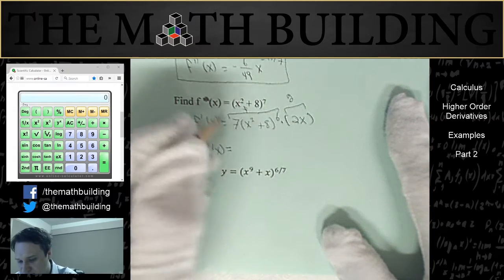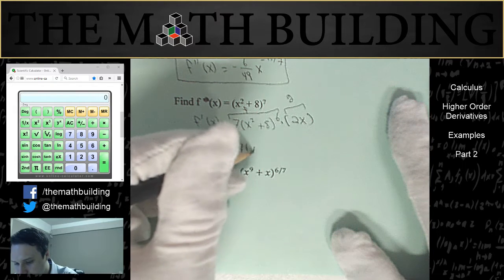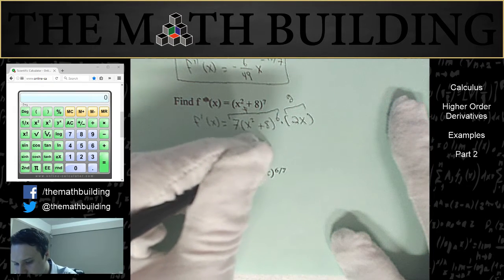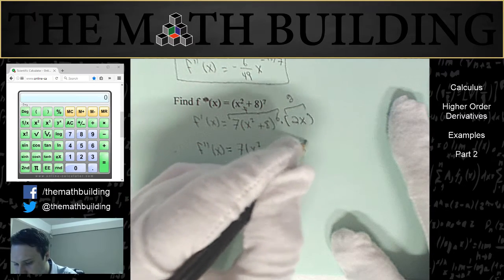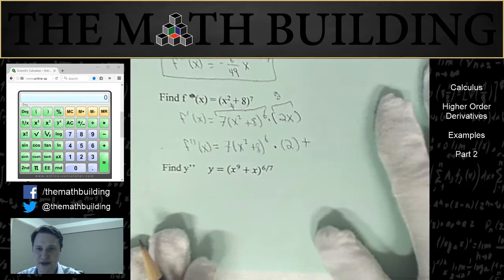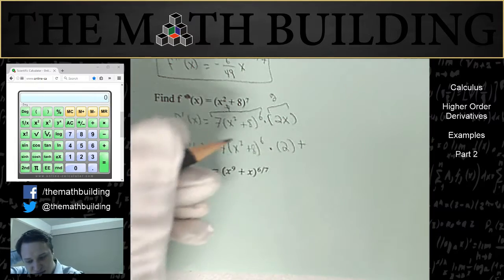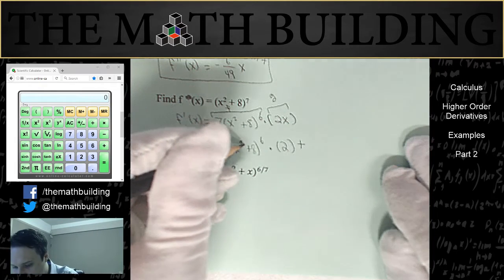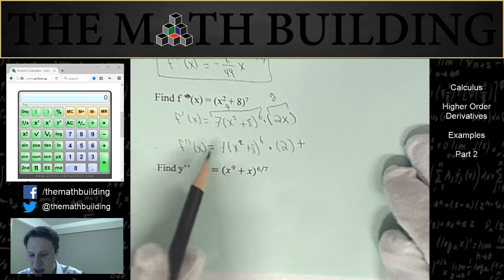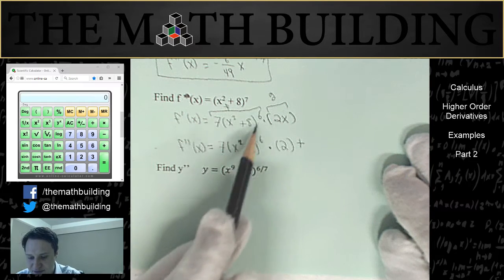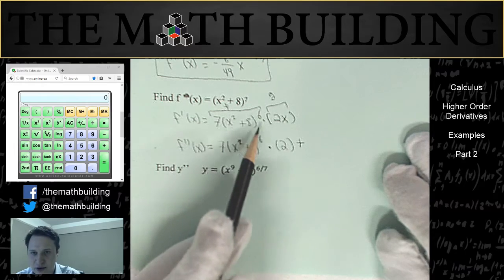So the product rule is this f times the derivative of g, so 7 times x squared plus 8 to the 6 times the derivative of g. Now we're going to do the derivative of f. And remember, now we're going to need to do the chain rule.